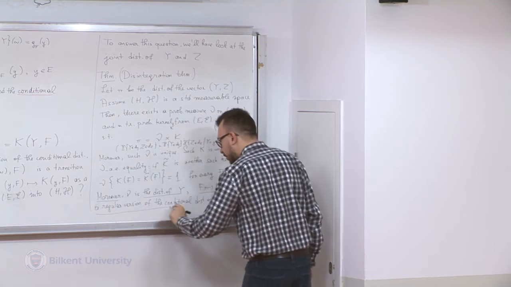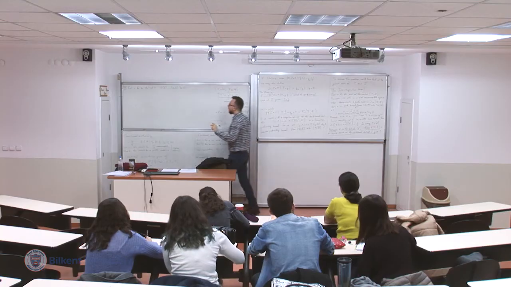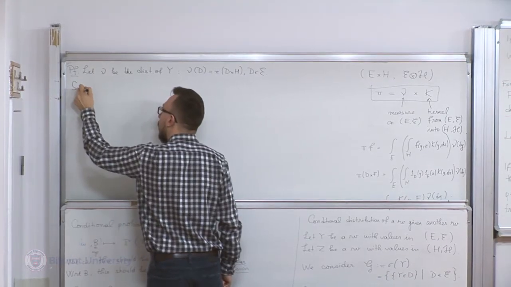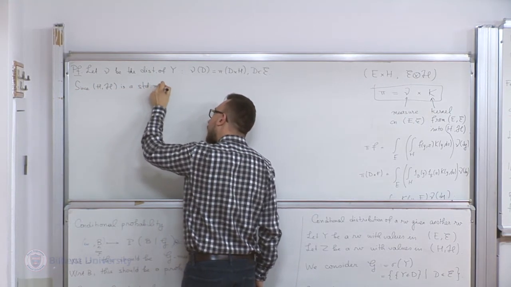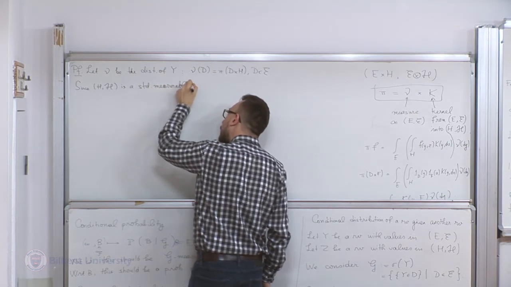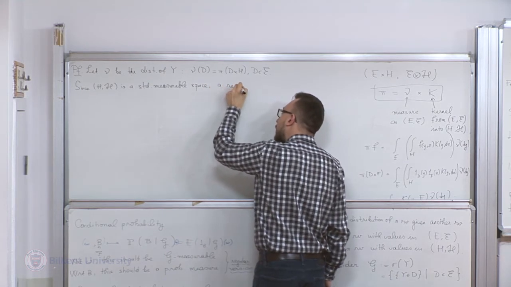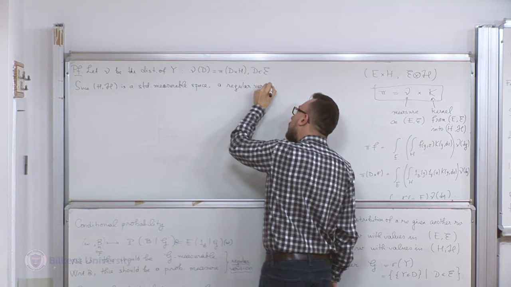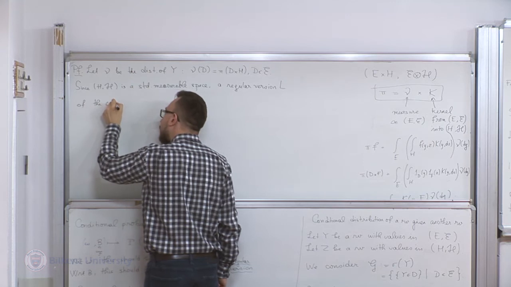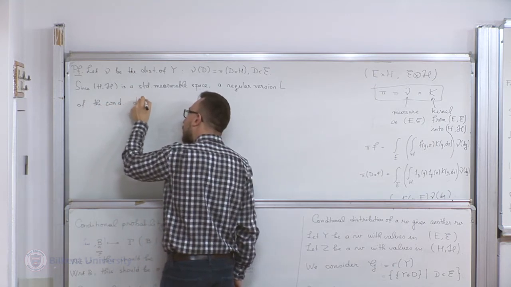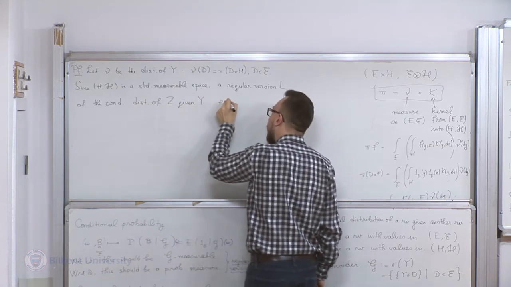It's going to be the conditional distribution of z given y. Since H is a standard measurable space, a regular version L of the conditional distribution of z given y exists.